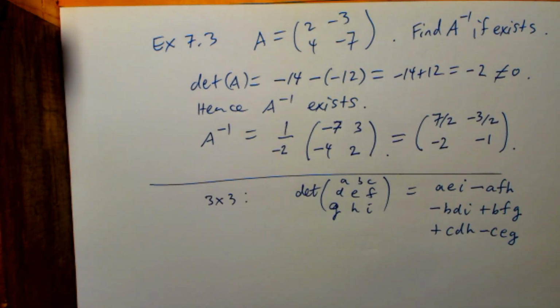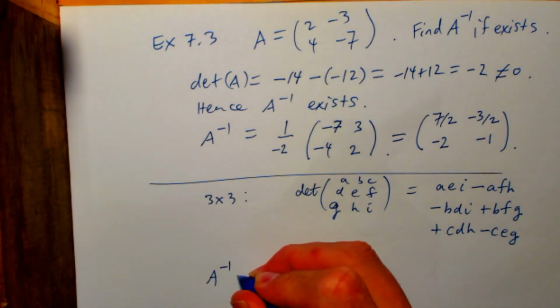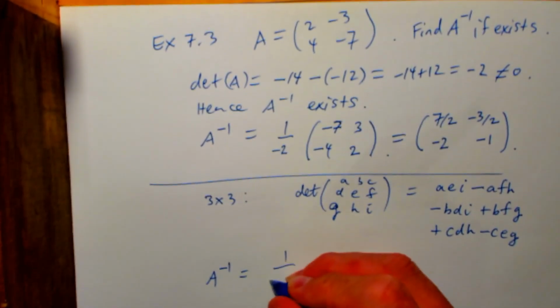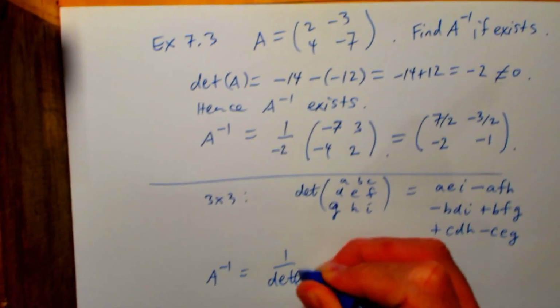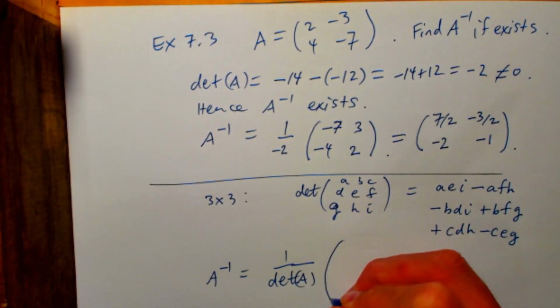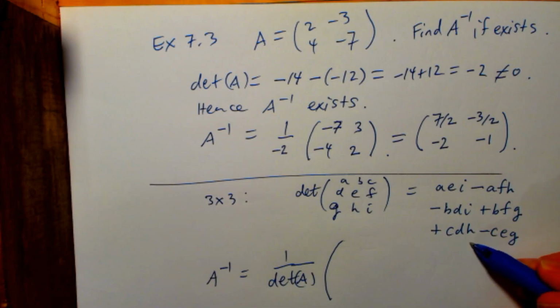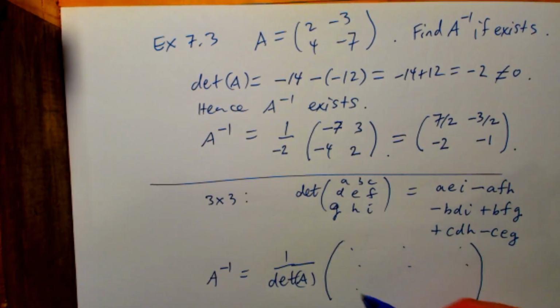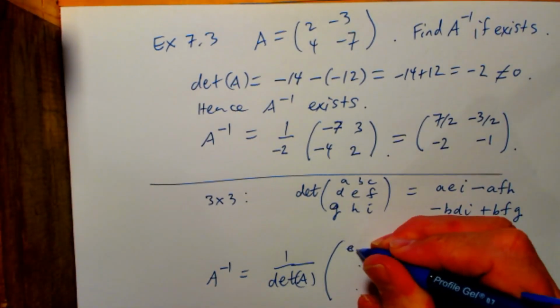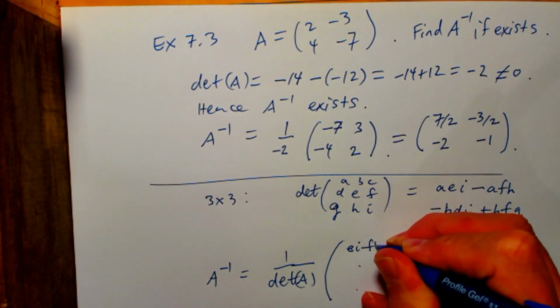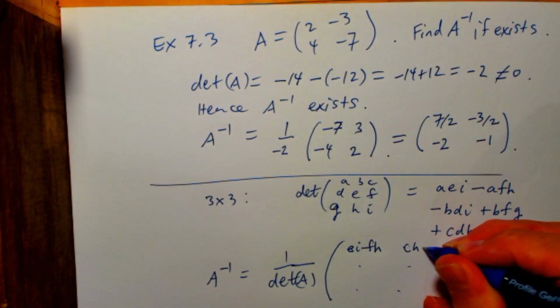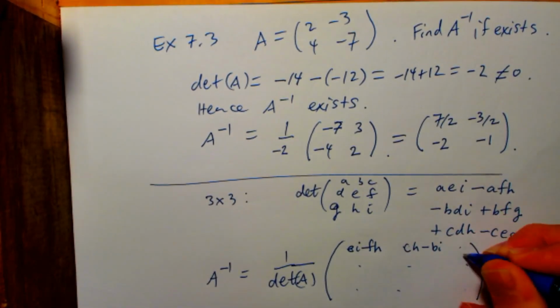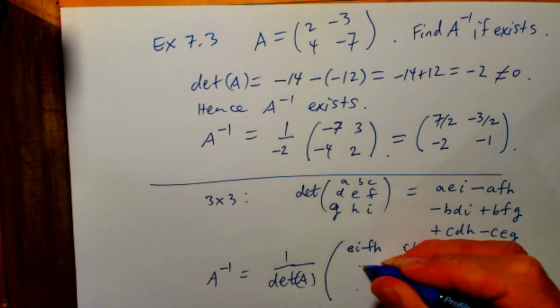Now, the inverse of a 3 by 3 is 1 over the determinant of A multiplied by the 3 by 3 matrix that has determinants in every entry. Okay, and those are EI minus FH, CH minus BI, BF minus CE, and so on, right?